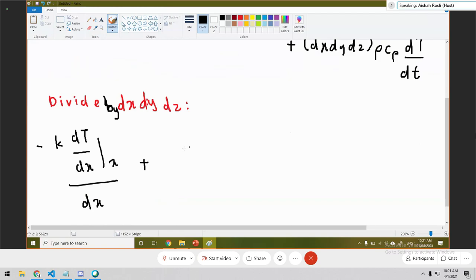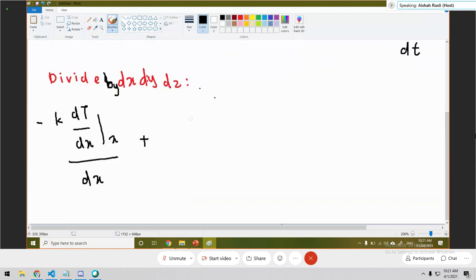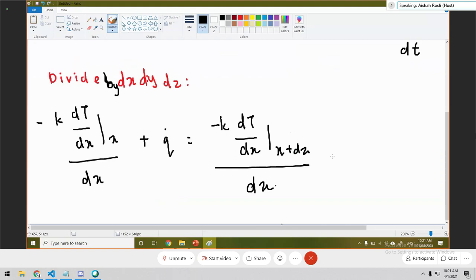And for the heat that is generated, we are left with only q, equals minus k dT/dx at x plus dx divided by dx, plus rho Cp dT over dt.